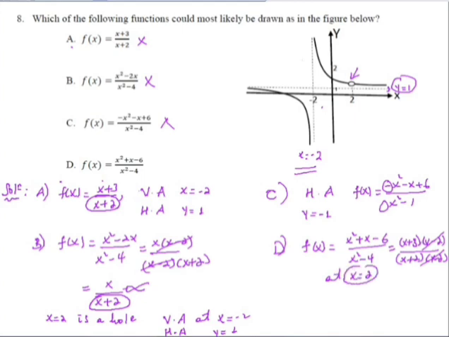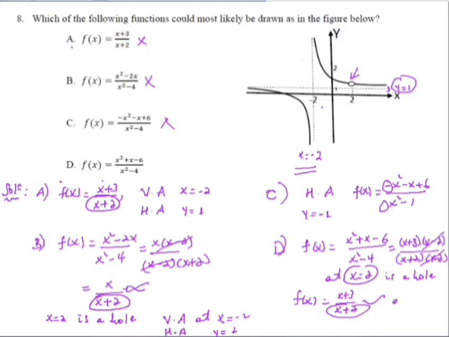A hole is obtained where a factor is cancelled out. So at x equals 2 there is a hole for this function. The other thing, the function simplifies into x plus 3 over x plus 2. Obviously, at x equals minus 2, setting the denominator to 0.